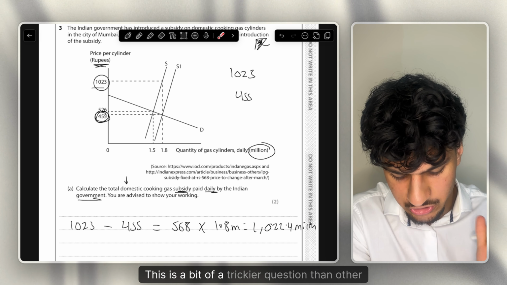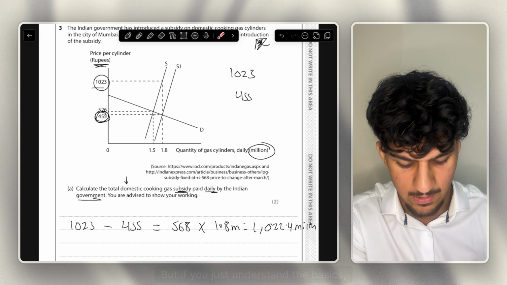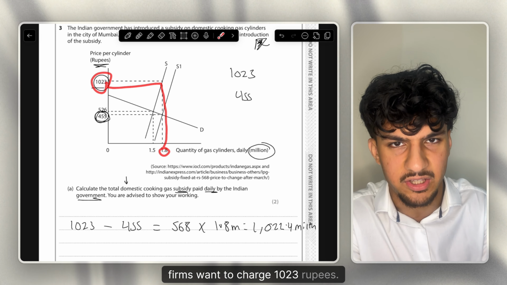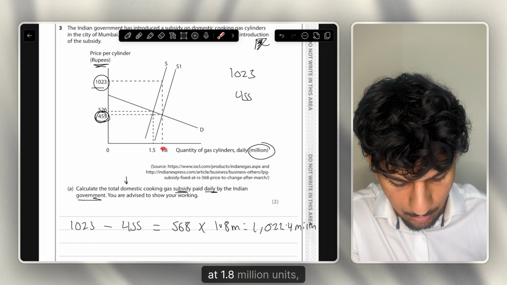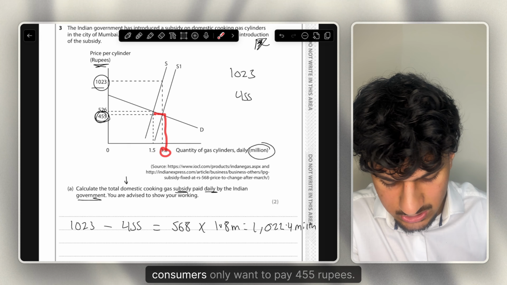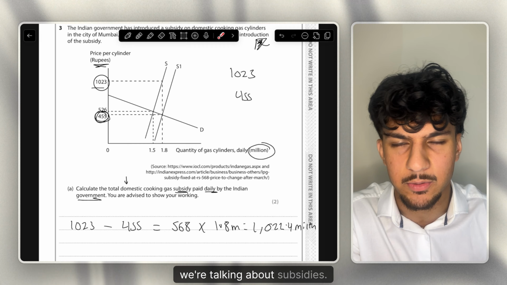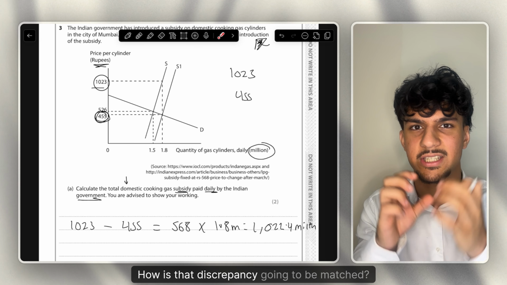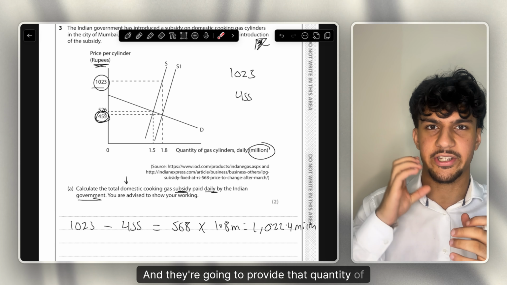This is a bit of a trickier question than other Section A questions, but if you understand the basics, at 1.8 million, firms want to charge 1,023 rupees, but on the opposite side, at 1.8 million units, consumers only want to pay 455 rupees. And remember, we're talking about subsidies, so who has to cover that gap? How is that discrepancy going to be matched? That is the government, and they're going to provide that quantity of subsidy.